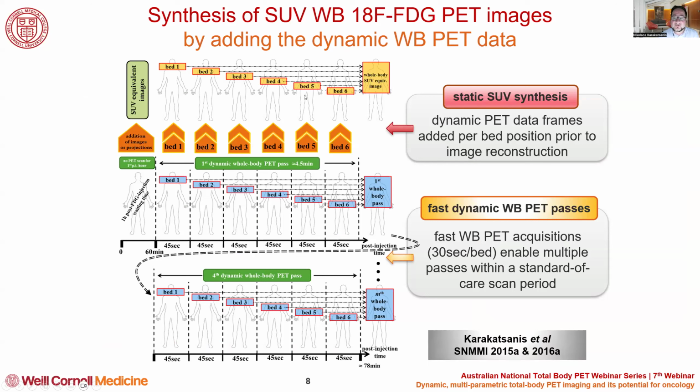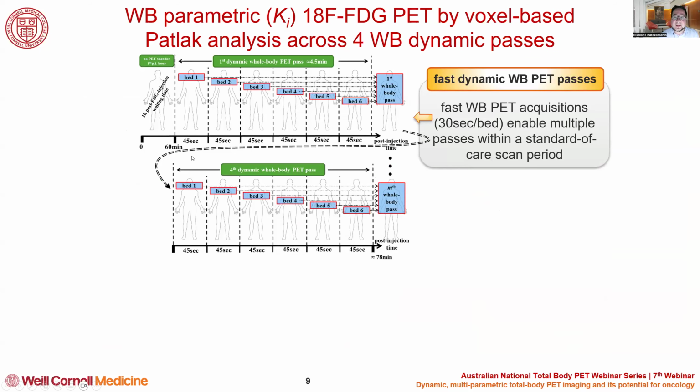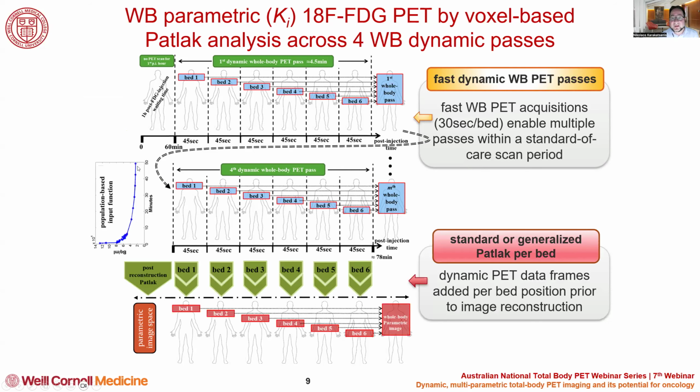At the same time, we can use the same data, the dynamic whole body data, and analyze them based on the kinetic modeling analysis that we use, such as the PATLAG analysis, and obtain the parametric images using a population-based input function. So we can actually omit the first 1 hour of scan. We can bring the patient into the scan after 60 minutes and then start scanning dynamically.